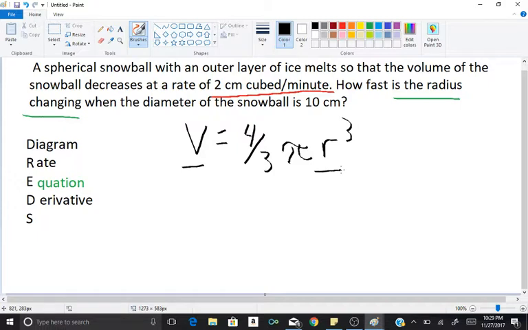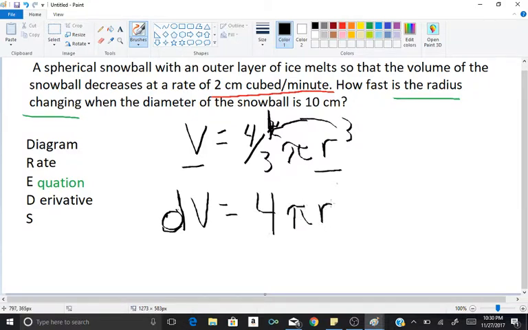So the derivative of V in this case is going to be dV equals, and we're going to do the power rule here. 4/3 pi is technically a coefficient for r cubed, so we're going to bring the 3 down and multiply it. 4/3 times 3 is 12 over 3, which is 4 pi r, and then 3 minus 1 is squared.